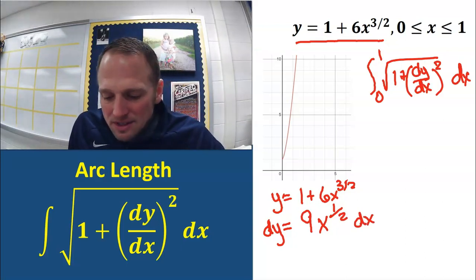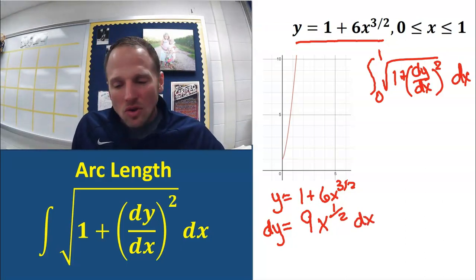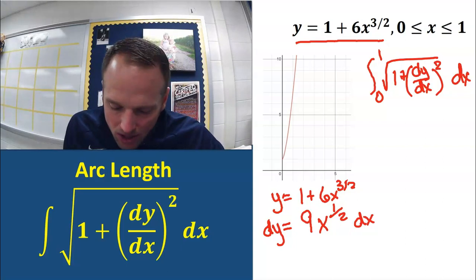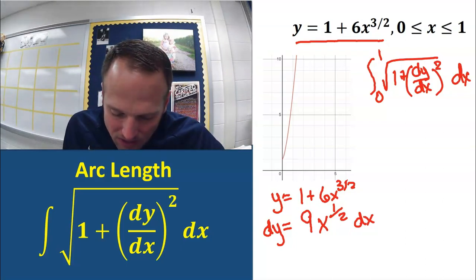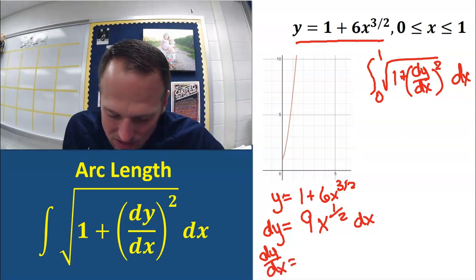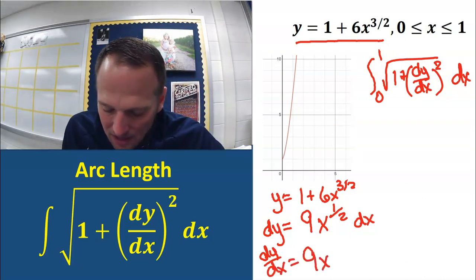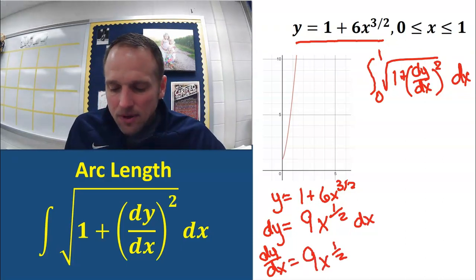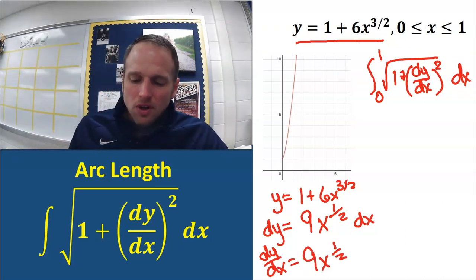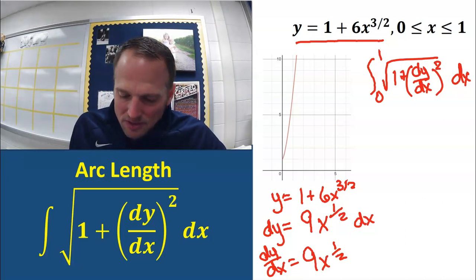Now to substitute this in, we need dy/dx, so let's divide the dx over, and dy/dx equals 9x to the 1/2. Okay, so let's do this.